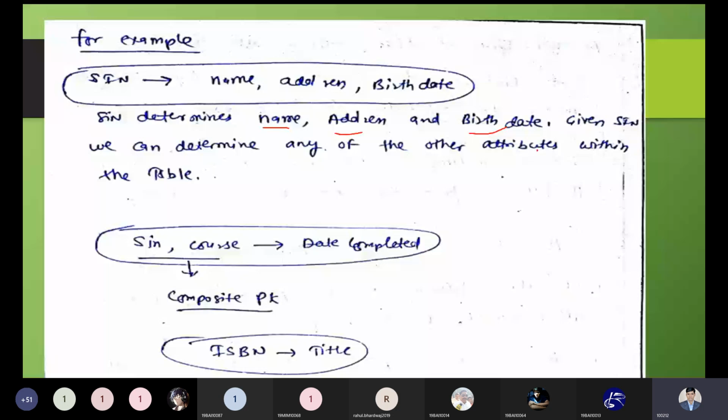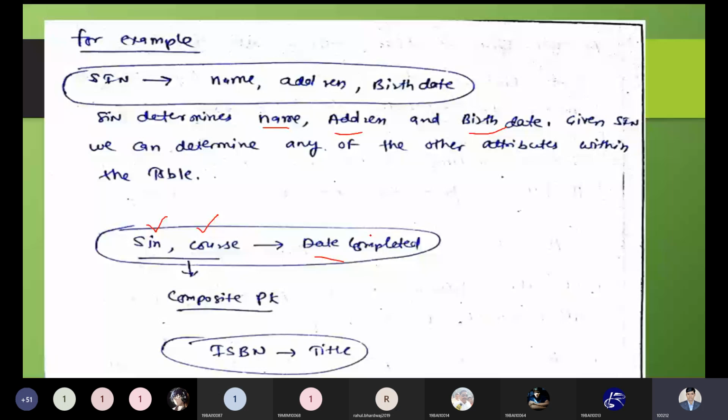Okay, so date completion. How can you identify it? We have a composition, a composite attribute: the student identification number, student ID, and the course in which the student is registered. Date completion means when he or she completes his or her degree; it could be an attribute containing the year of completion, or year of passing.